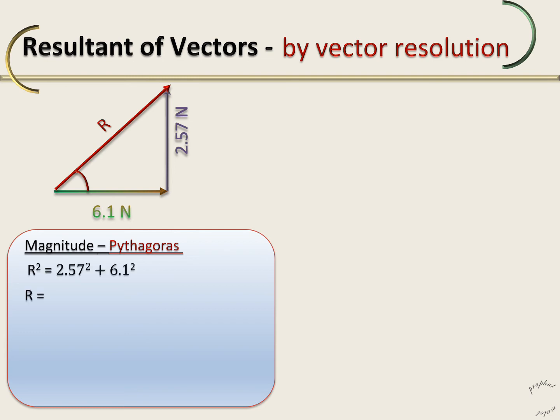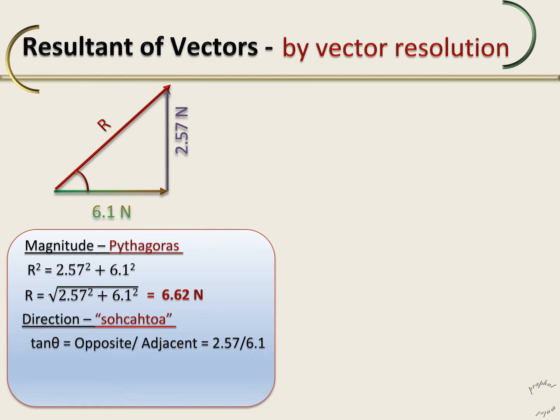So you can apply Pythagoras theorem just like we did before and you can find the resultant. Even the direction or the angle you can find using SOH CAH TOA. I'm using tan theta because the two given vectors are like that. I get 22.8 degrees. To be specific, I have to say 22.8 with horizontal because the angle I have drawn there is with the horizontal.